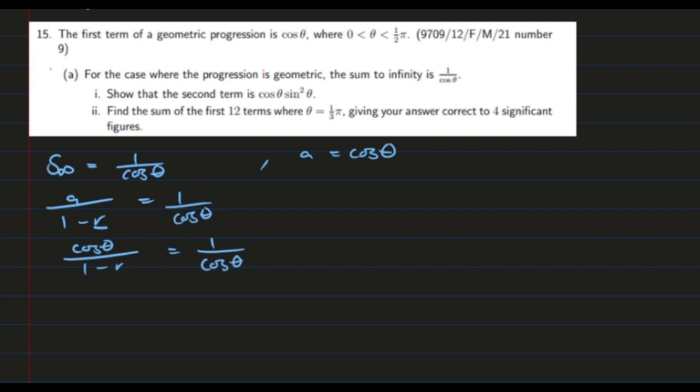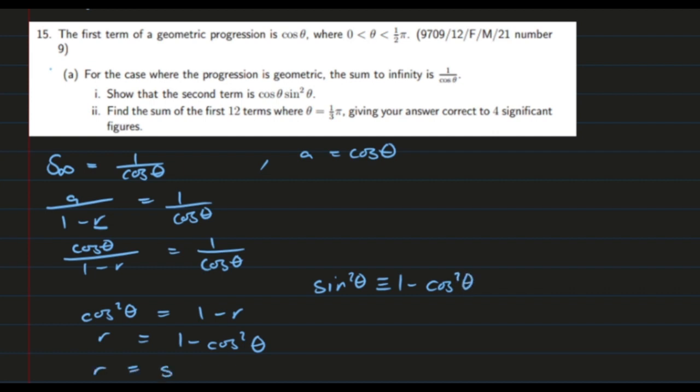Cross multiplying, we get cos squared theta equals 1 minus r. So r must be equal to 1 minus cos squared theta. Using the identity sine squared theta is identical to 1 minus cos squared theta, we can substitute, so our common ratio is sine squared theta.